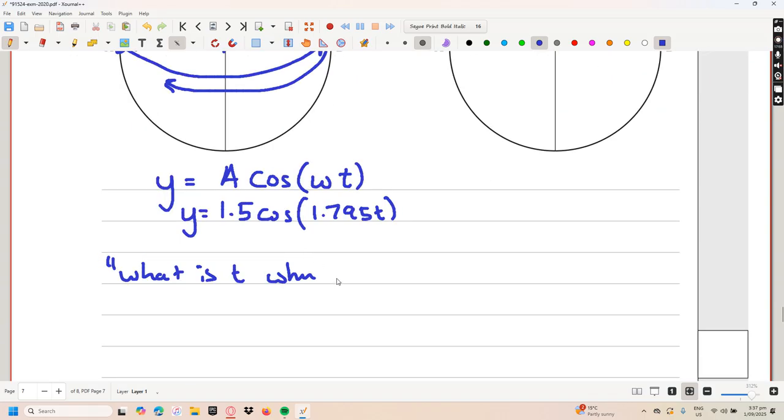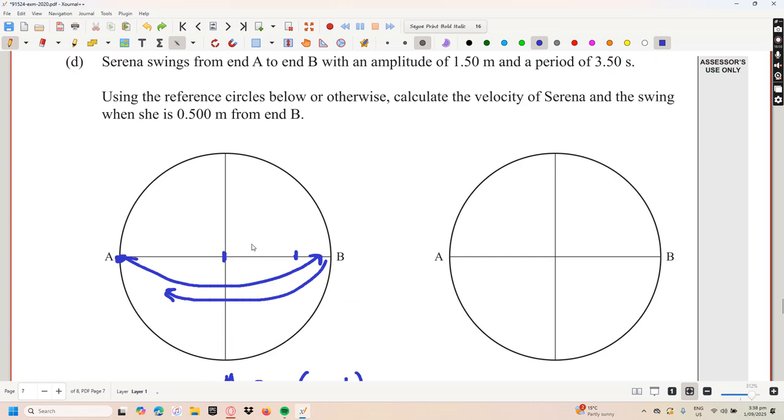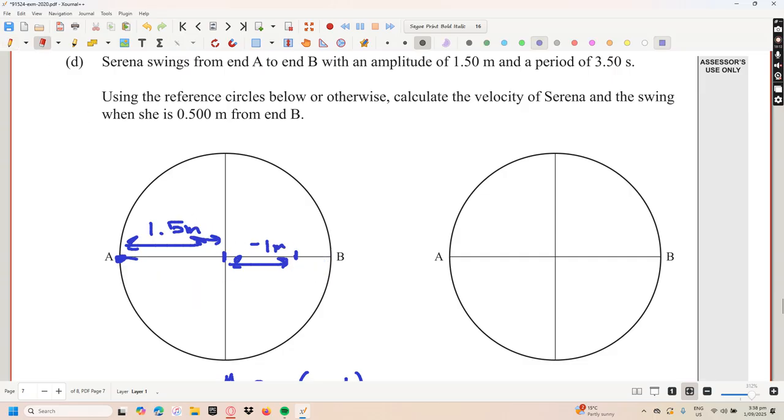So she's here. So this is a Y value of negative 1 going this way. This is a Y value of positive 1.5 over here. So this implies 0.5 meters is left here.